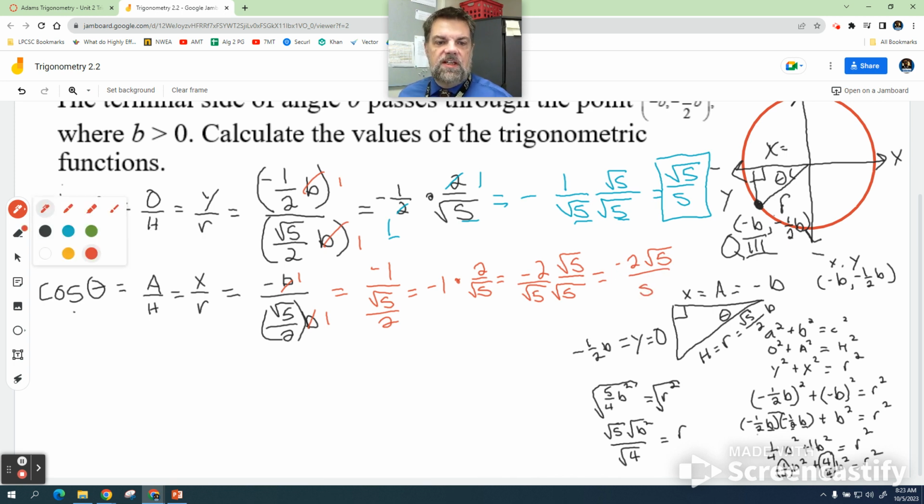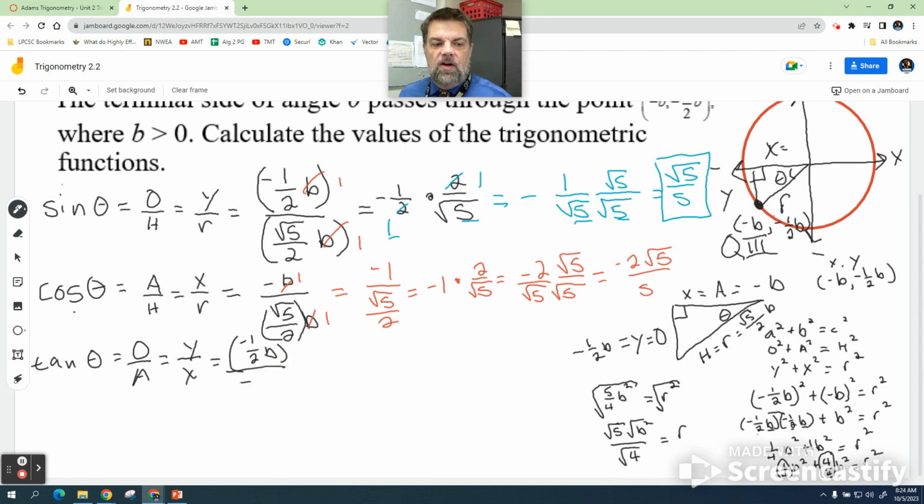For tangent is really the opposite over the adjacent, which is really the y value over the x, which is really negative 1/2 b, kind of getting crunched in there on the other ones, over negative b, yeah.